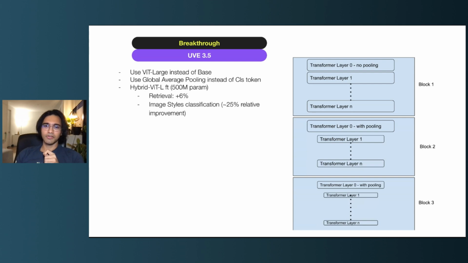So instead of the ViT base variant that we were initially testing with, we switched to ViT large, and used global pooling instead of the CLS token, which is usually used in ViTs. This gives us our first candidate model, which we call the hybrid ViT-L, hybrid because we have convolutions in the patch featurizer, followed by a big ViT-L.